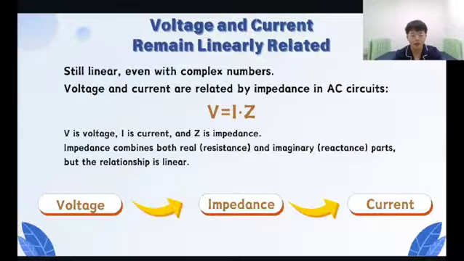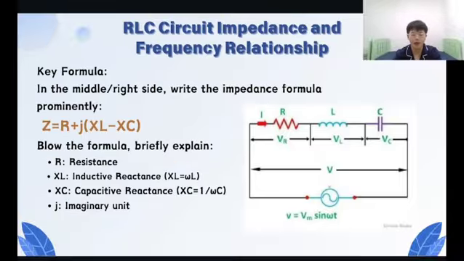Let's consider a simple RLC series circuit consisting of a resistor, an inductor, and a capacitor. The total impedance Z is the combination of resistance R and the reactance of the inductor and capacitor.